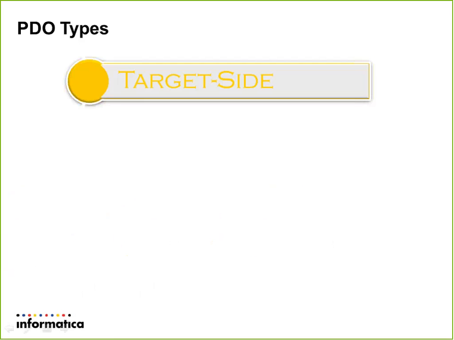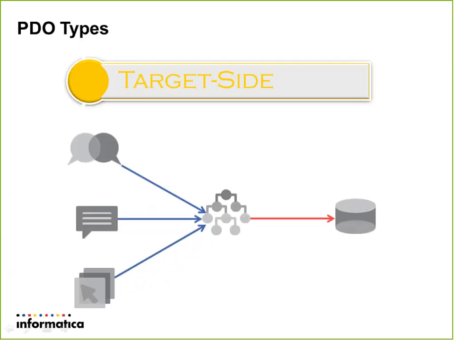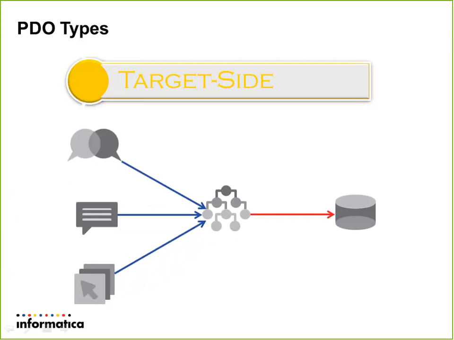Similarly, if the database is the target instead of source, then target side pushdown optimization could be configured. When a session configured for target side pushdown optimization is run, the integration service analyzes the mapping from target to source, or until it reaches an upstream transformation that it cannot push to the target database.